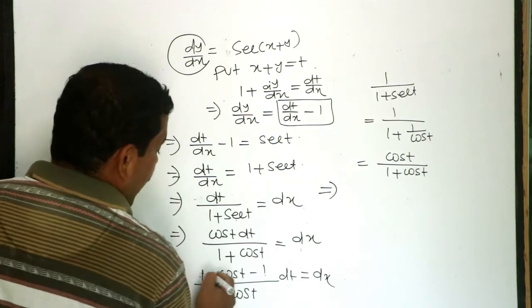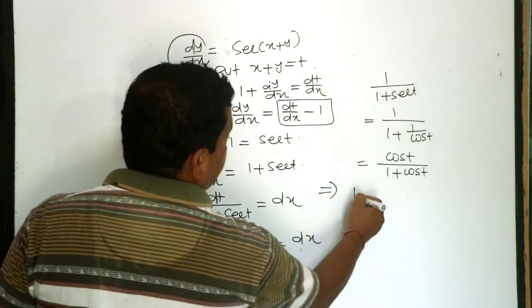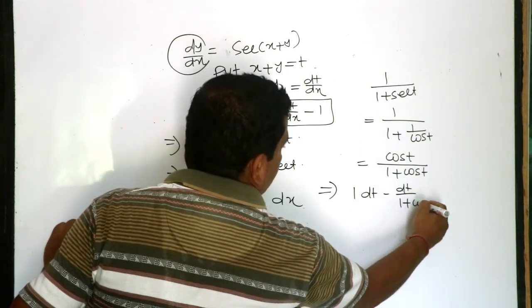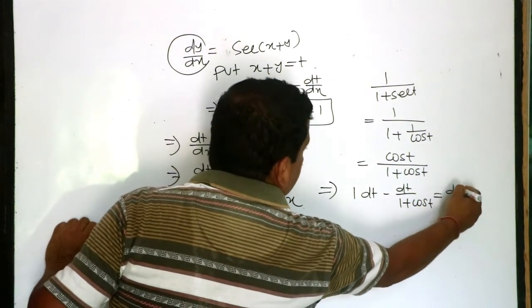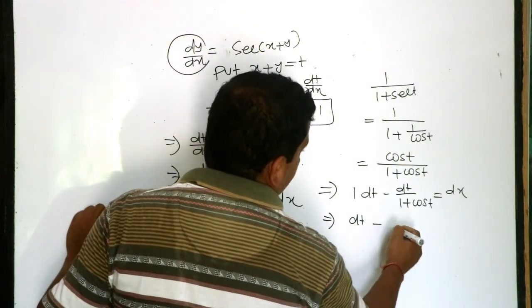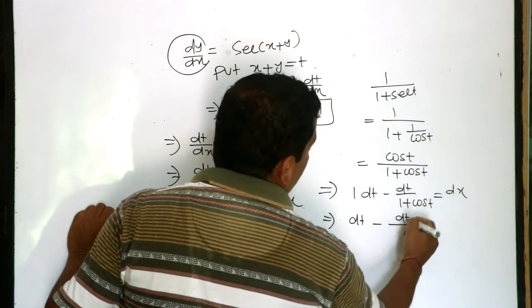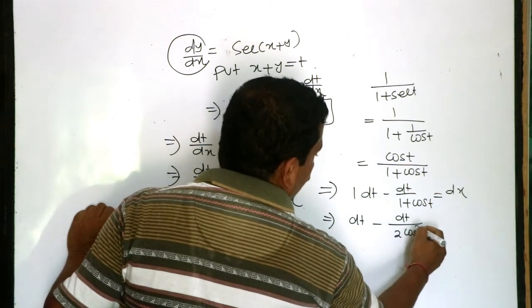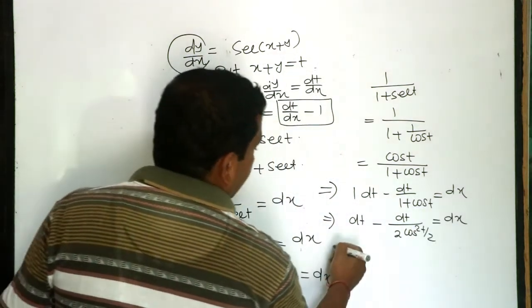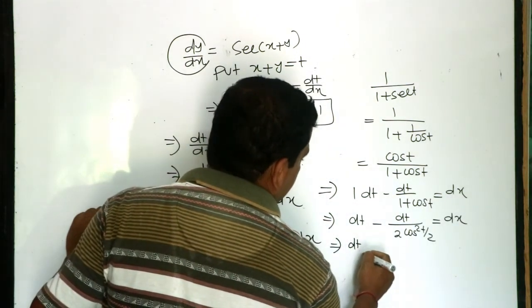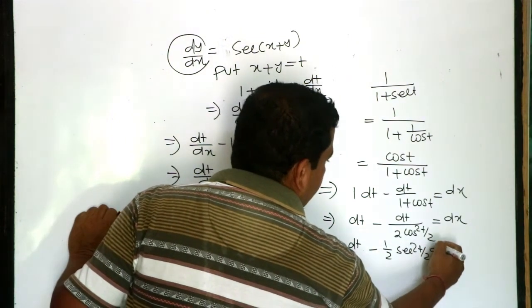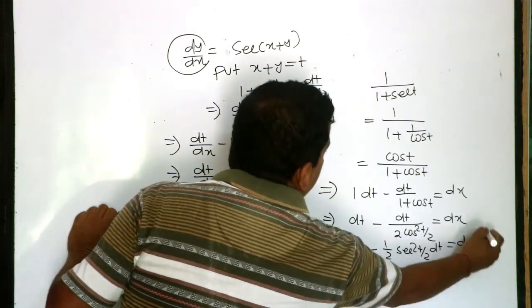Then dt − dt/(1 + cos t) = dx, and 1 + cos t is 2cos²(t/2). This implies dt − (1/2)sec²(t/2) dt = dx.